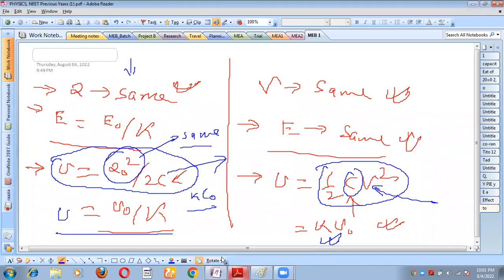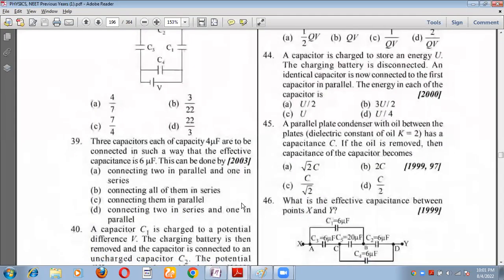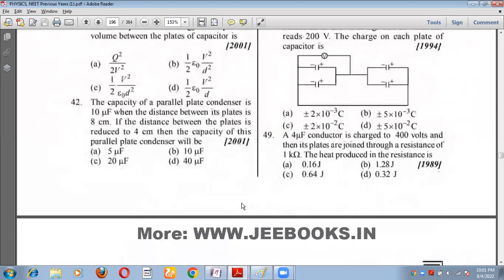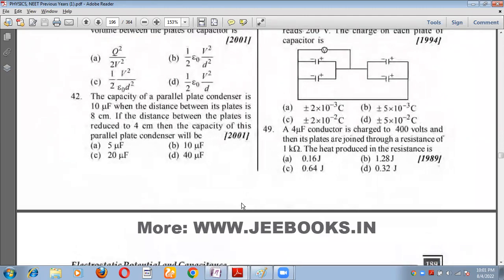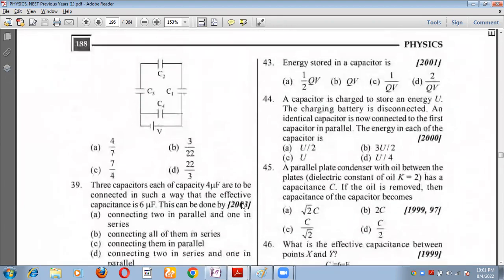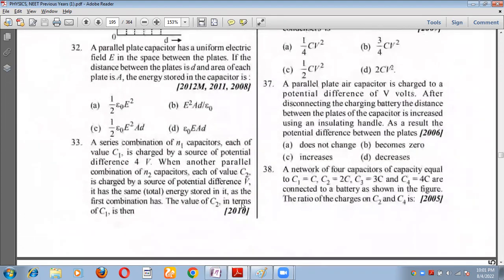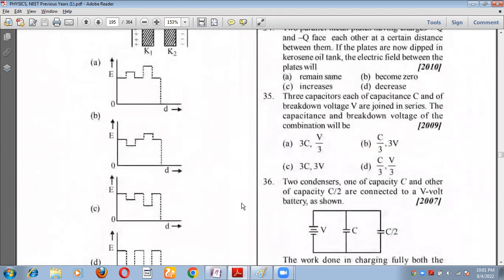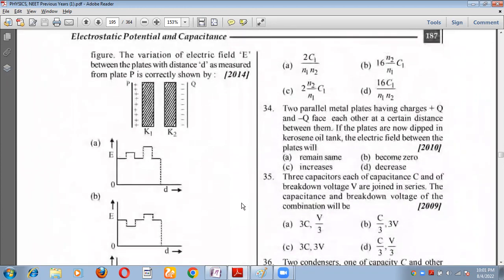Both of you try this question number 34.